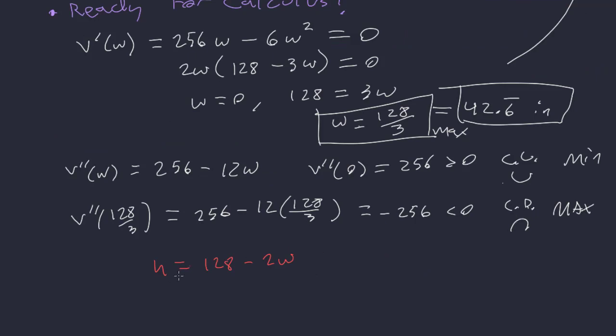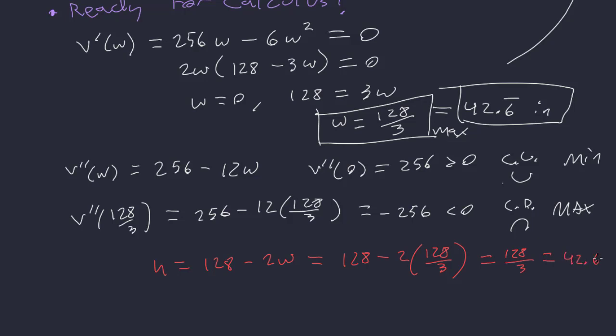Okay, rewriting our H formula here. H is equal to 128 minus 2W. So we'll have 128 minus 2 times 128 over 3. So we get, shock, shock, 128 over 3 again.